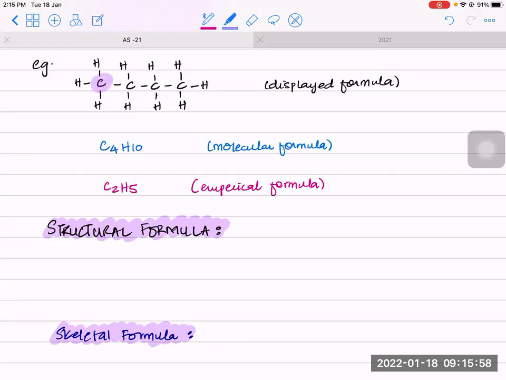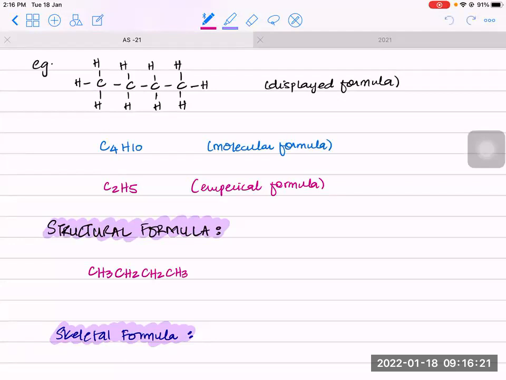So we have this carbon, it has 3 hydrogens around it. So that would be a CH3. Then you have another carbon with 2 hydrogens around it. So that's a CH2. Then another carbon with 2 hydrogens, that's another CH2. And then you have another carbon with 3 hydrogens around it. So that's a CH3.